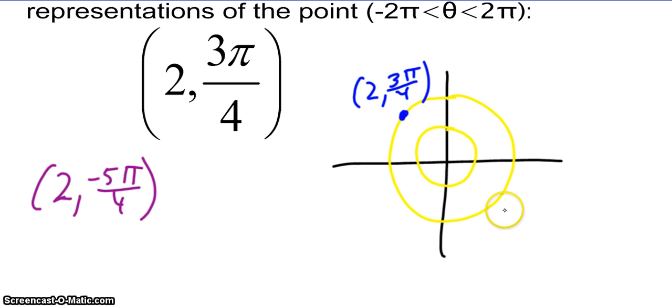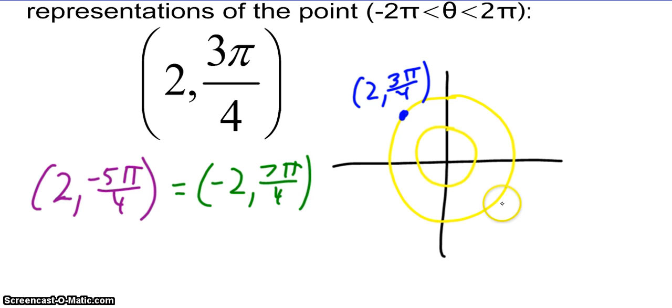Well, 7 pi fourths is opposite 3 pi fourths. So this can also be represented as negative 2 comma 7 pi fourths. Because if I'm at 7 pi fourths, but then I use a negative r value, that jumps me across the pole or the origin. So I'd be at 2 comma 3 pi fourths. And then my last representation between negative 2 pi and 2 pi would be negative 2 comma negative pi fourths.